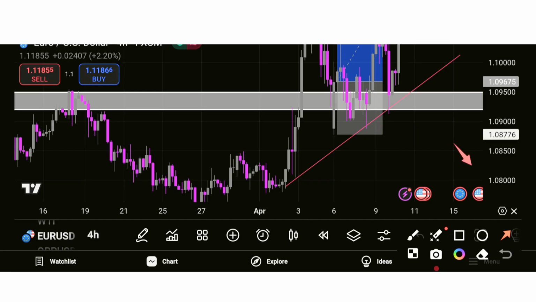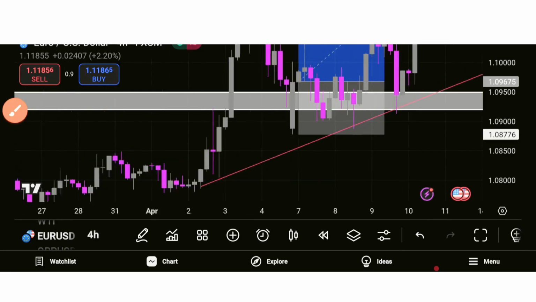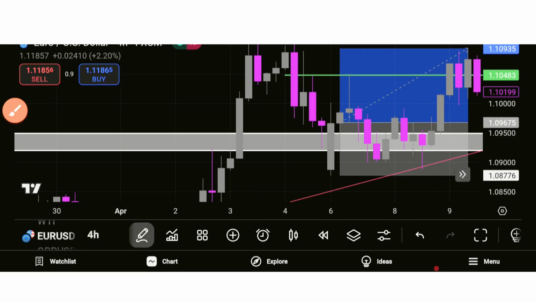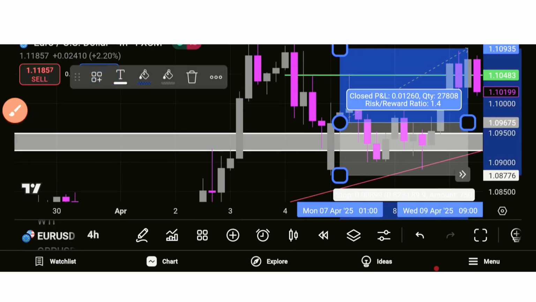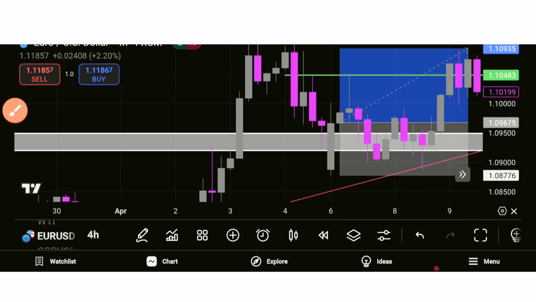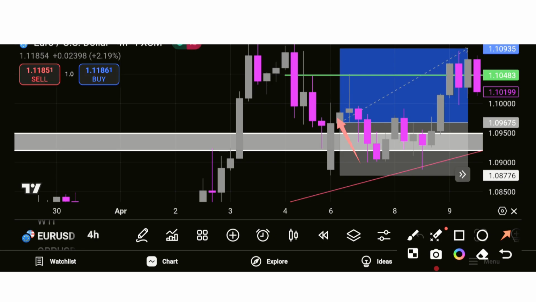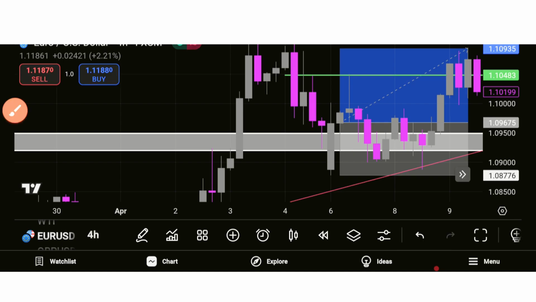So like I said, on this 4-hour bullish candle over here, after the closure of that candle, that was when I took my buy entry, right?